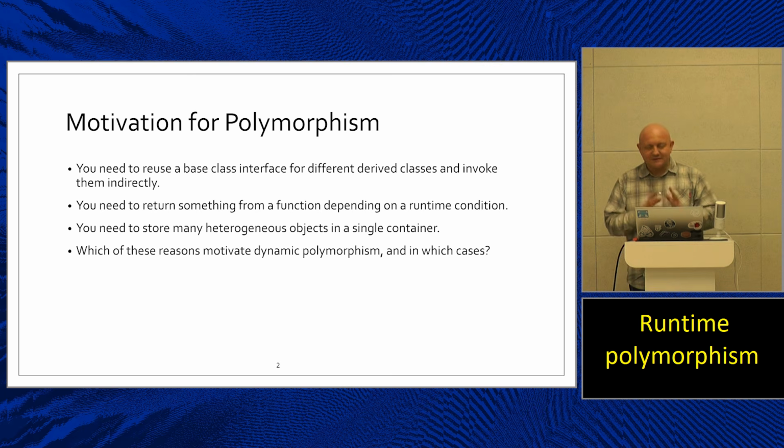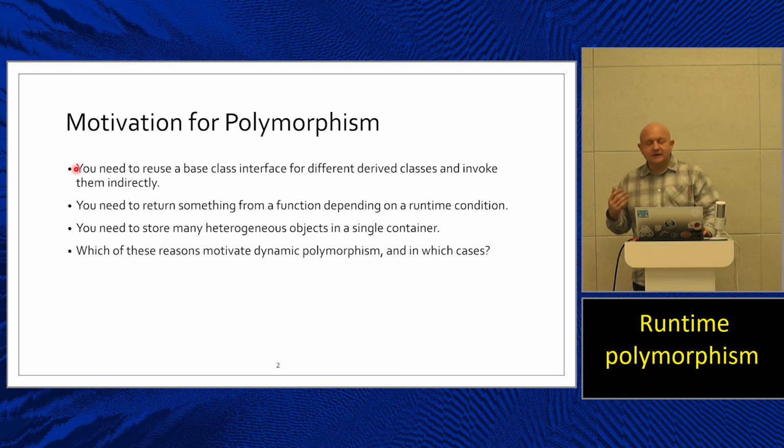Well, one scenario is when you want a common interface and you want to call different implementations indirectly through a base pointer or reference. The caller knows only the interface, not the concrete type. This kind of decoupling often requires runtime support.